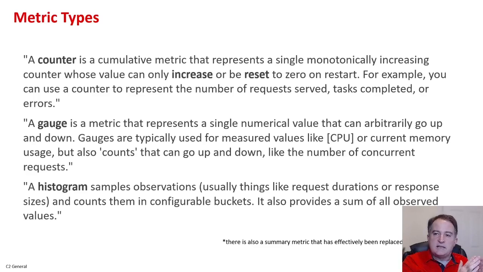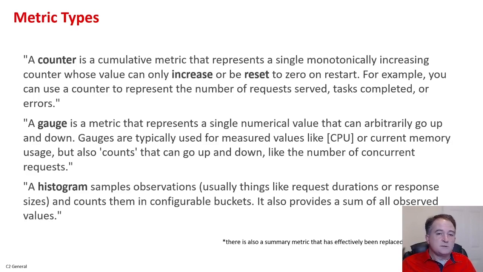So responses less than 10 milliseconds, between 10 and 50, between 50 and 100, between 100 and 200. You create buckets of response times, and then you get this metric, which is the histogram of data.